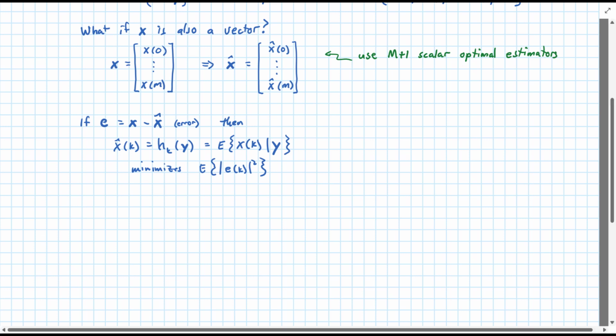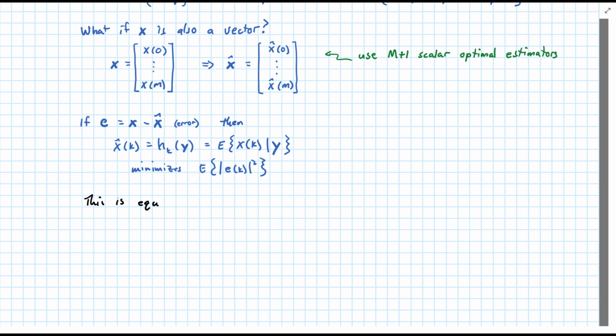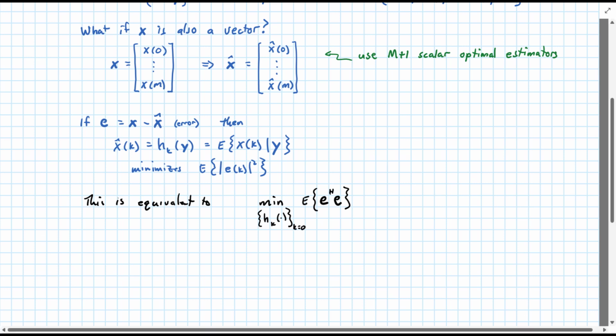Note that this is equivalent to another expression. We're not going to spend much more time with this, but it'll come up later, so it's good to see where it's coming from. So this is equivalent to the minimization of this expression, where we have over all hk from 0 to m, and we're minimizing e Hermitian times e.